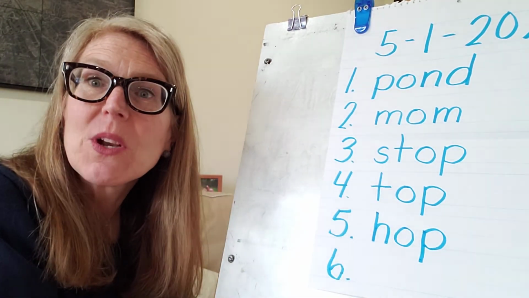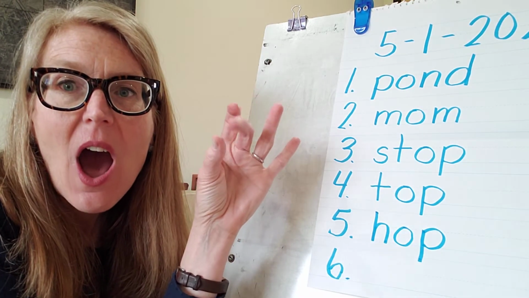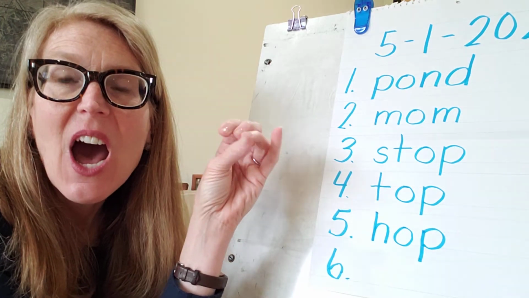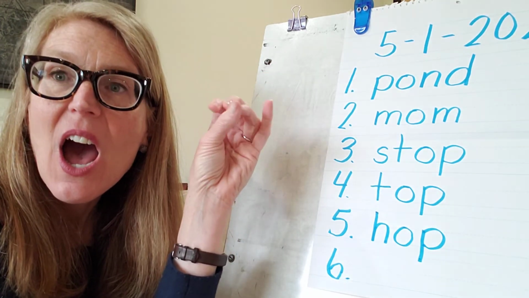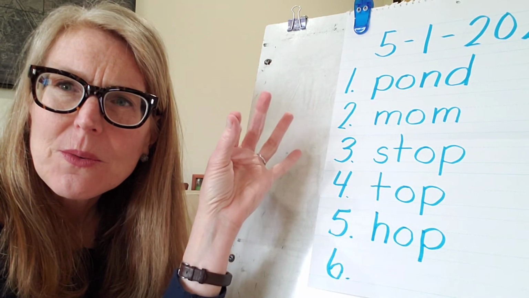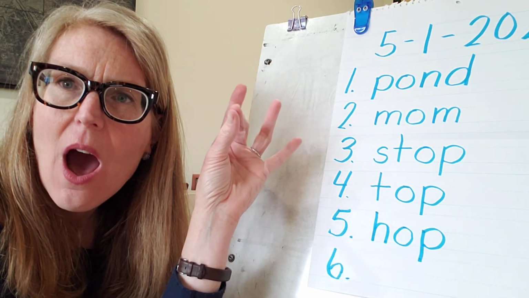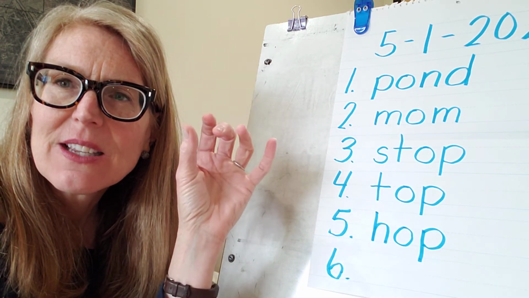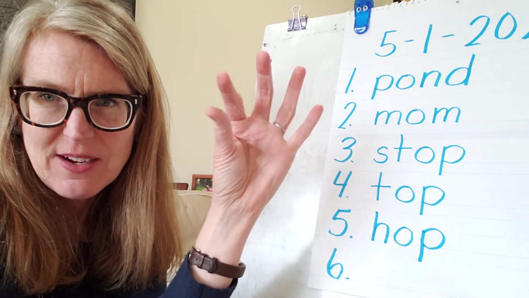All right, last one. This time I want to write the word hot. Hot. Let's tap it out. Hot. Let's write those letters that go with those sounds. And T. Okay? I'm going to go ahead and start.